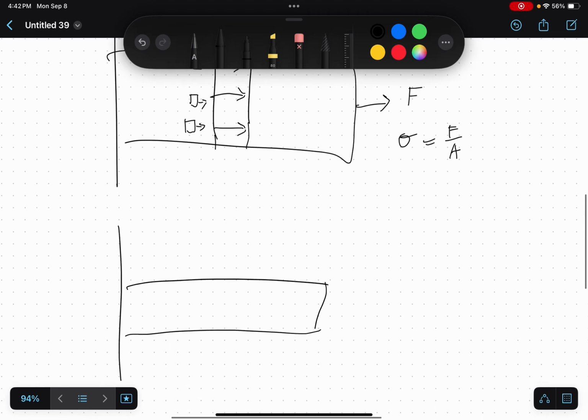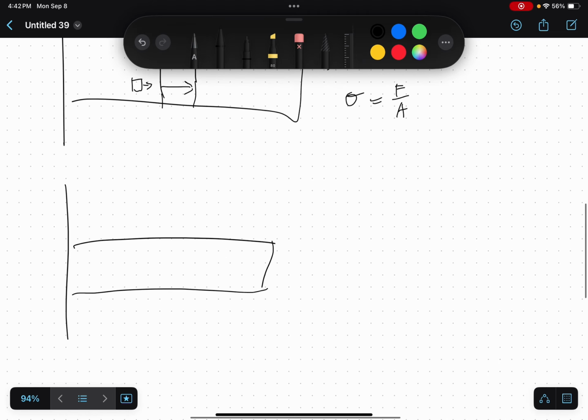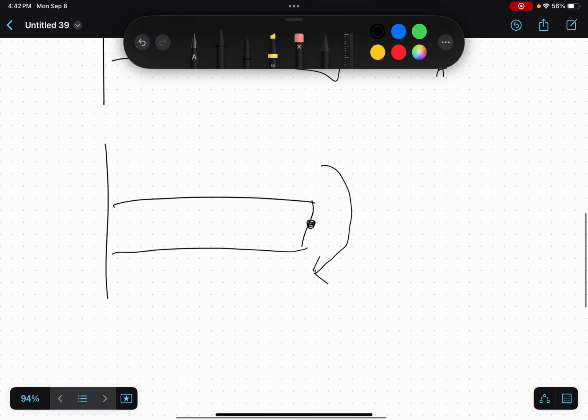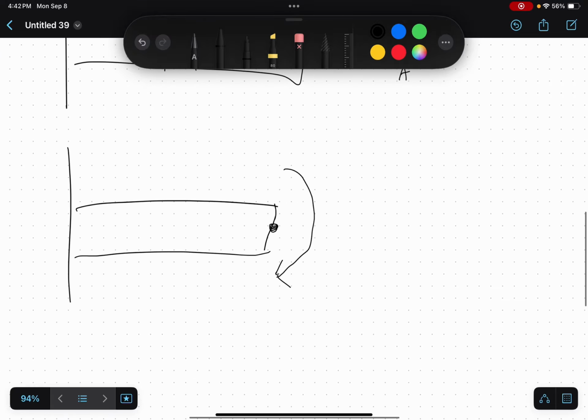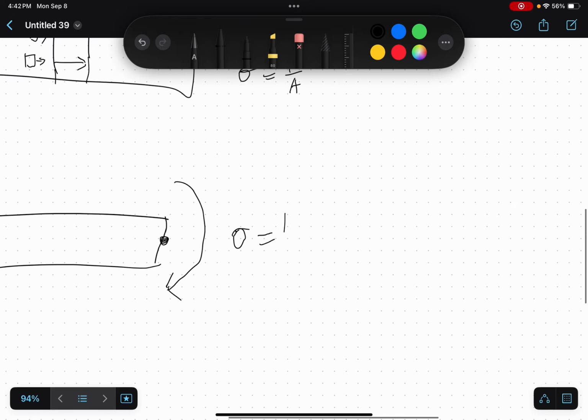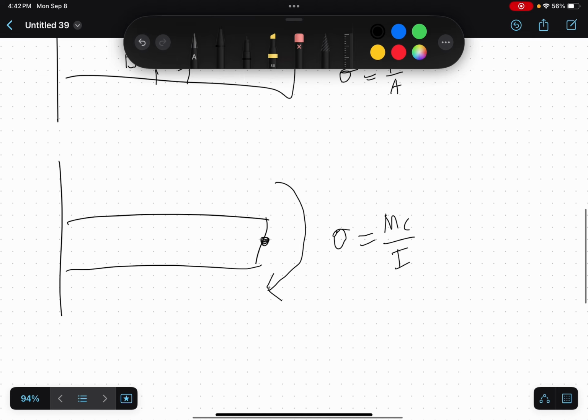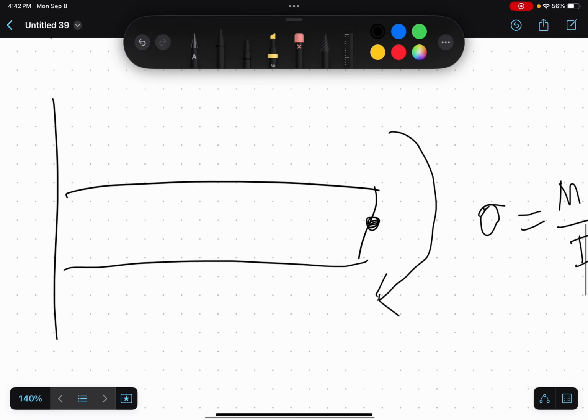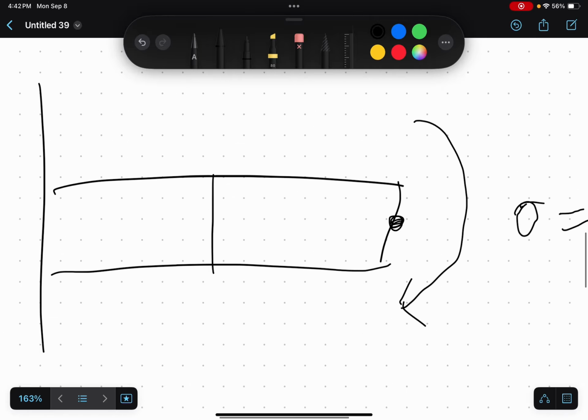Okay, so the next type is, let's say you have a moment applied at the end of a beam. So the equation for this one is Mc over I. I'll explain what that is in a second, but the profile looks like that.